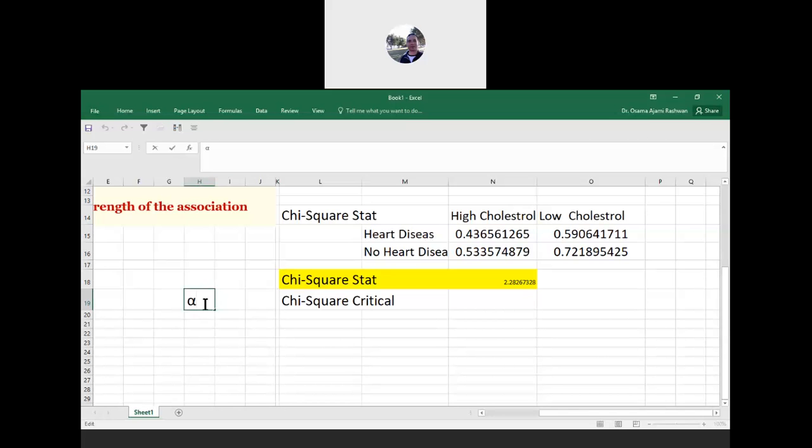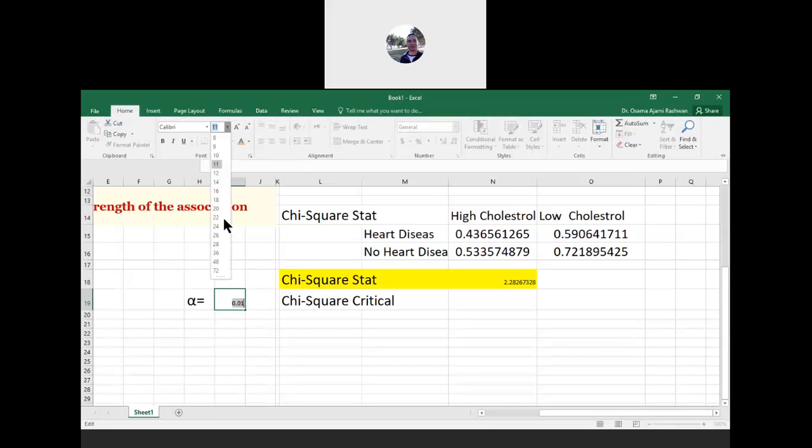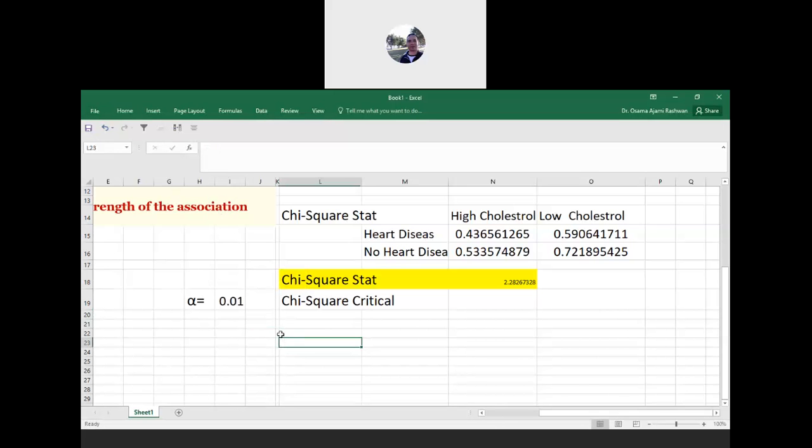Choose any alpha. Go for 5%, 0.1, 0.01, 1%, okay? Now I choose 0.01, okay?